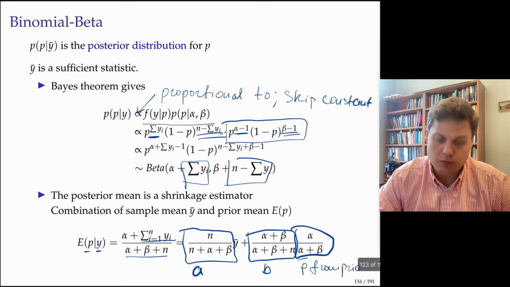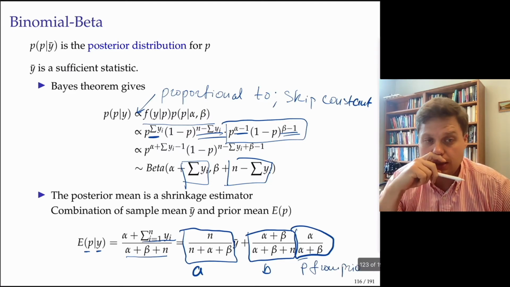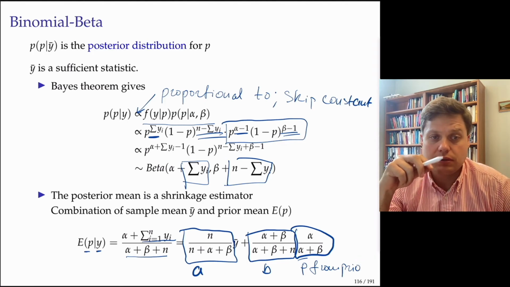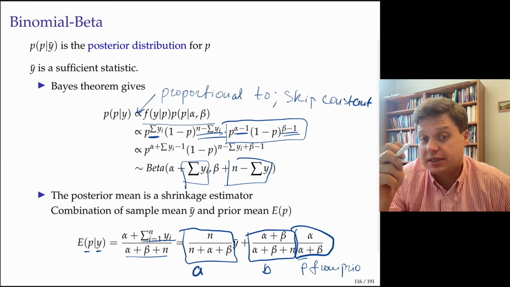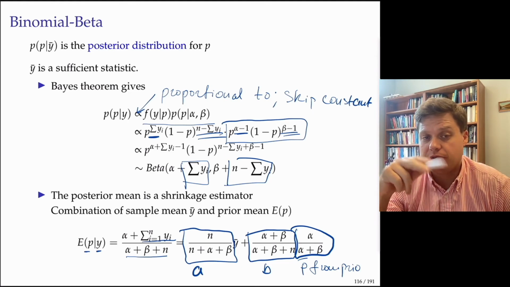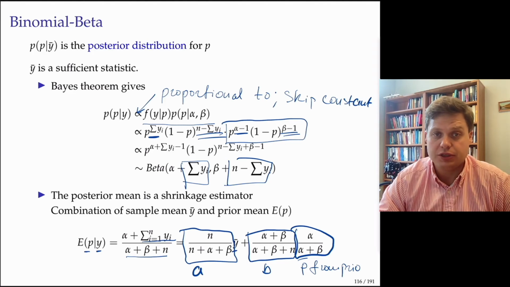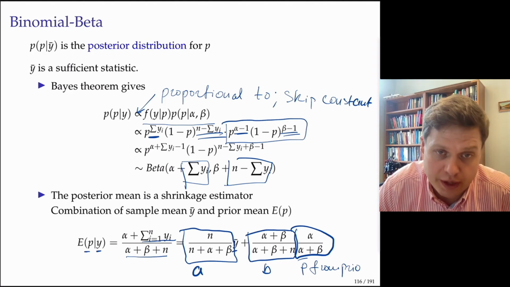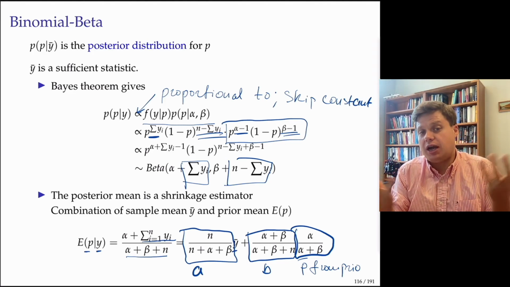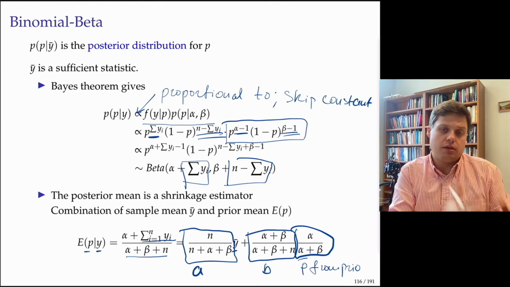Okay, and what you can see is that the expected value of the posterior distribution of p is just a combination of the weighted sum of the p from the prior and the value y bar, which is the average across all of the observations of y. So you're basically averaging out data and the value of p from your prior distribution.